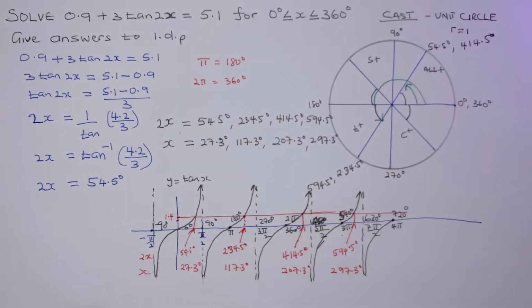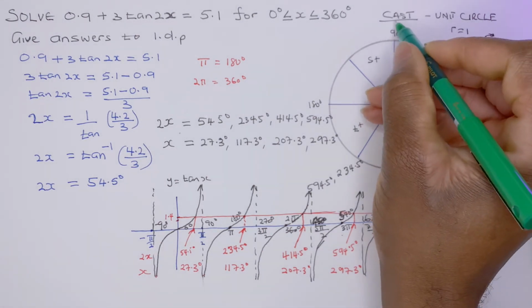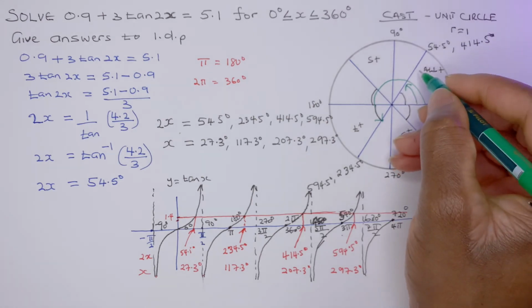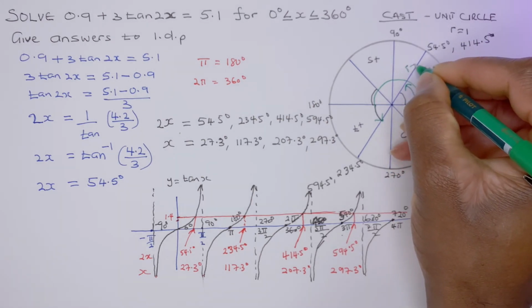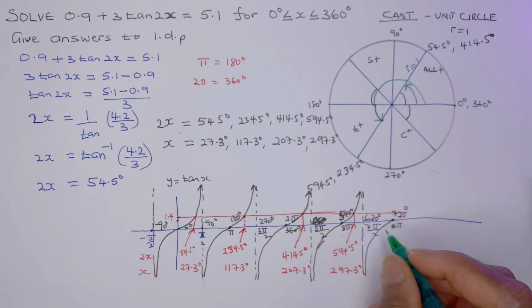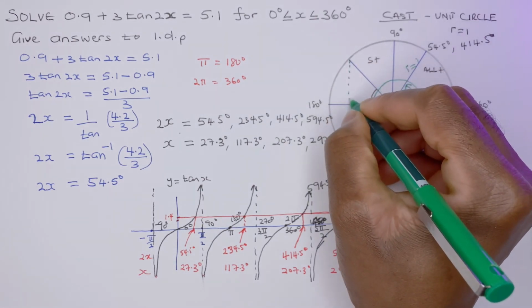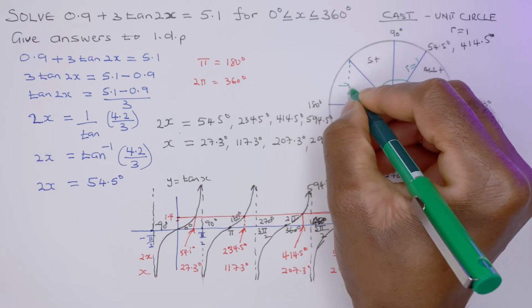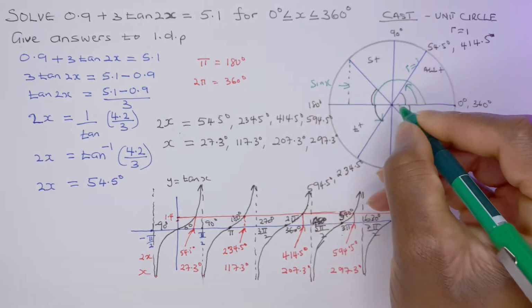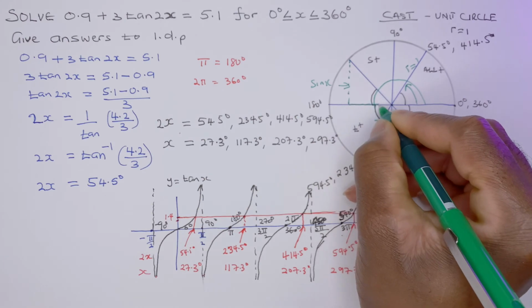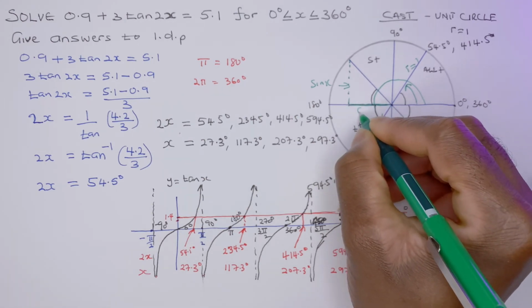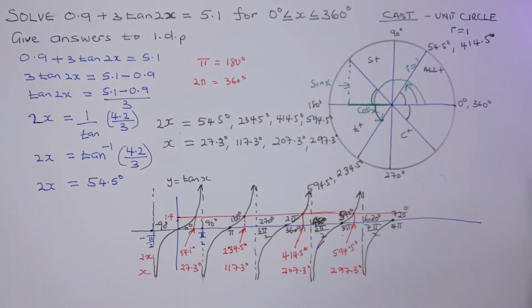So don't forget the use of the CAST diagram here. That's a good thing to use, a CAST diagram in a unit circle where the radius equals 1. The height here usually is sine, so that's sine x. The distance here is cos x, right?